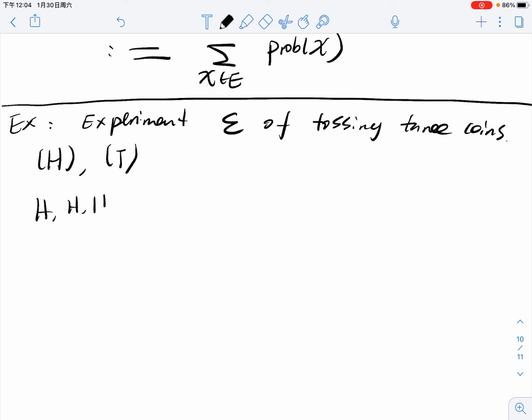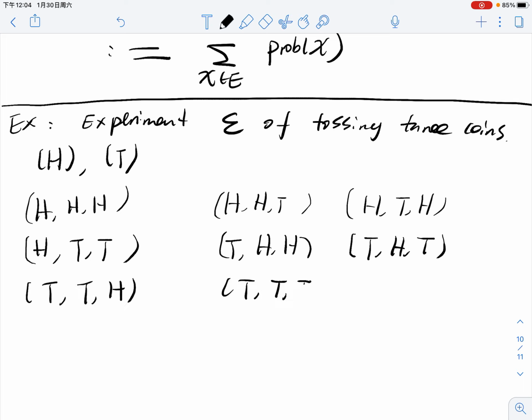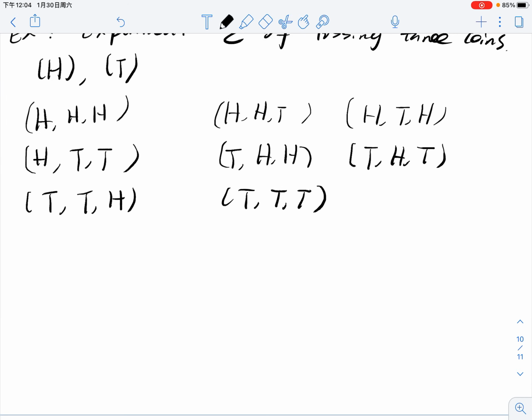So after 3 times, you have HHH, HHT, HTH, HTT, THH, THT, TTH, TTT. Actually, you already have the idea how many different outcomes you have in total.